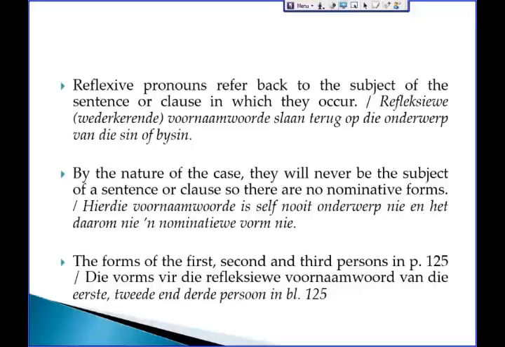Let's look at page 125. You have few of them also in the vocabulary, like seautou, of yourself, okay, of myself, all right, of him or herself. That is only in the genitive.